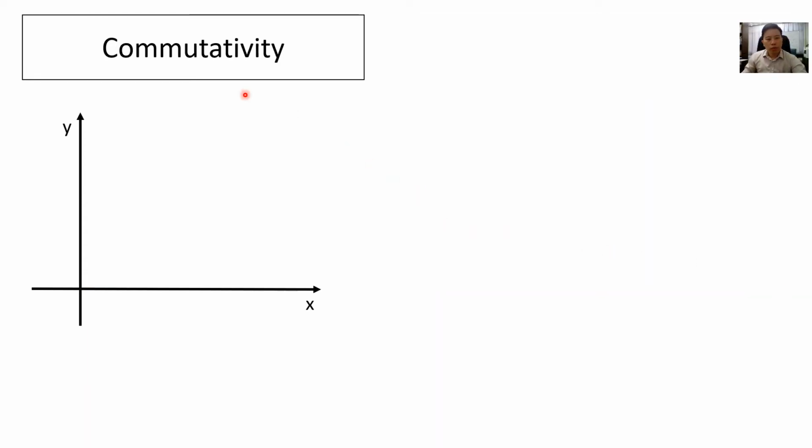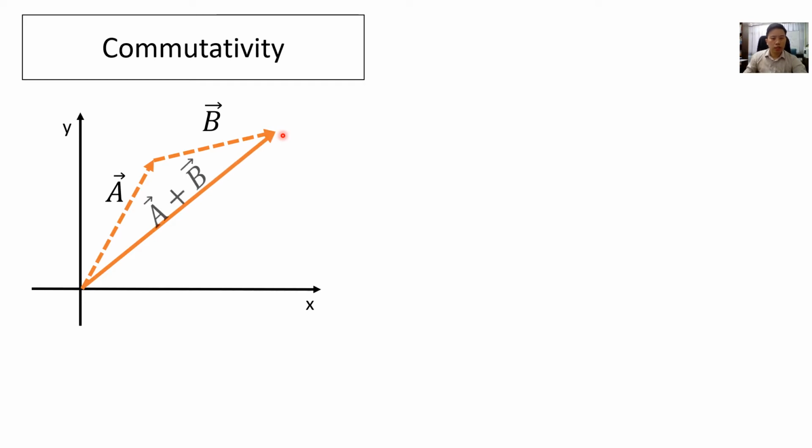Then we come to commutativity. Let's say we have a vector A in this direction here, and then we have a vector B. So you go from one point here, following A plus B, and you end up at this point. So this is my A plus B vector.